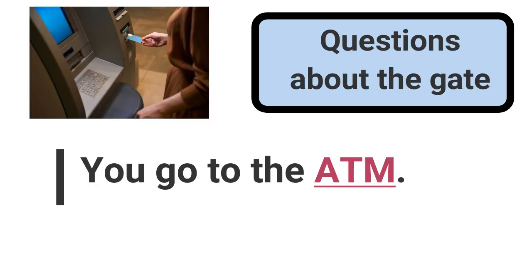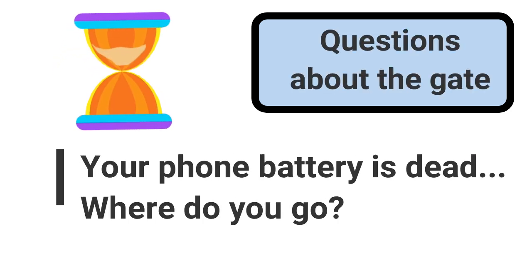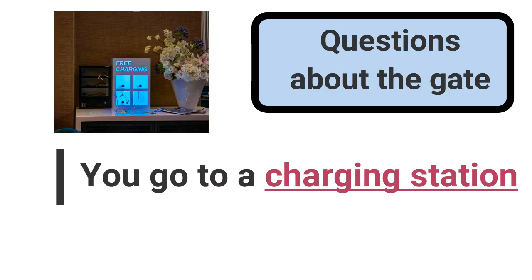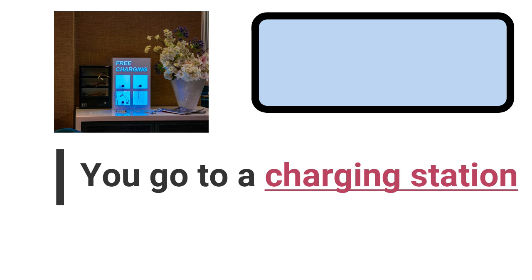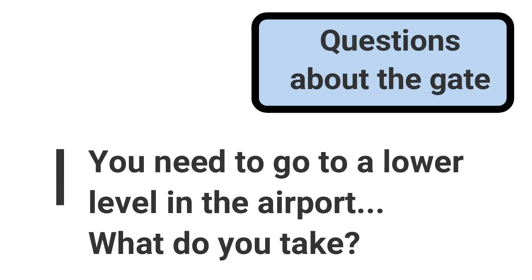Well, you can go to the ATM. Your phone battery is dead. You can find a charging station. You need to go down to a lower level in the airport.